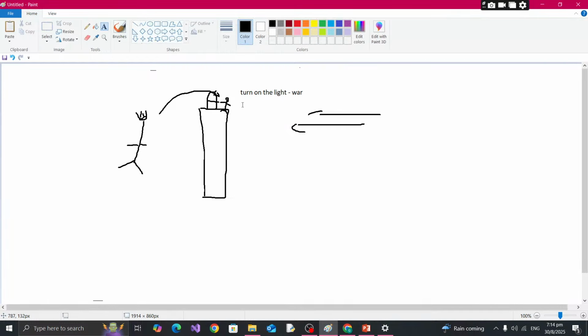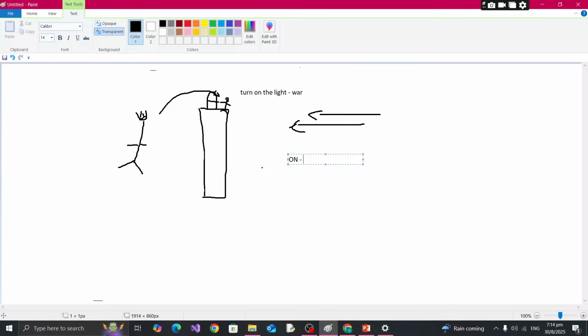If the light is not lit, there is no war, there is no enemy waging war towards us. So if this light is on, it is telling a message that the enemy is waging war. If it is off, then it is conveying a message that there is no war. So it is either on or off.